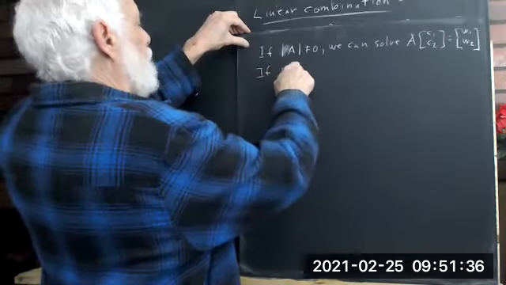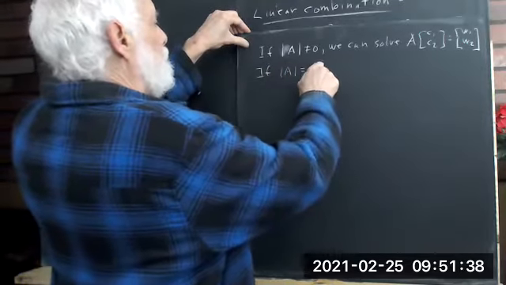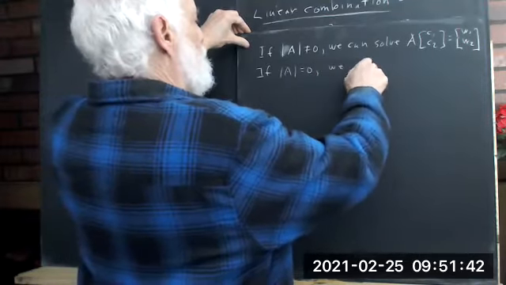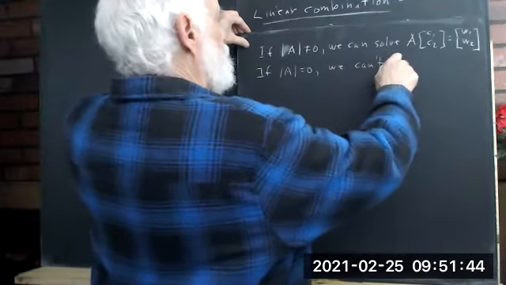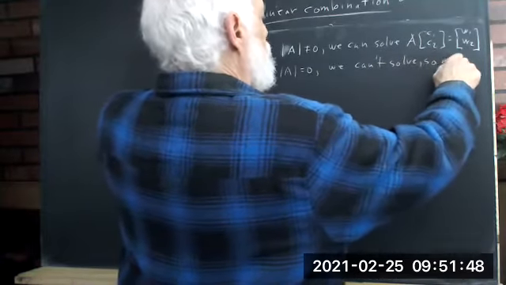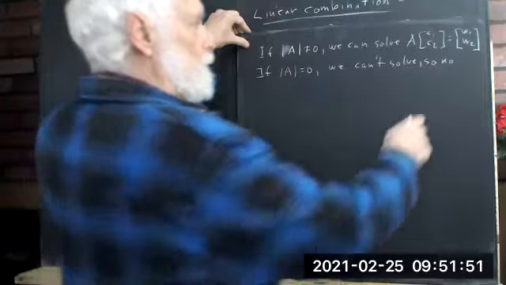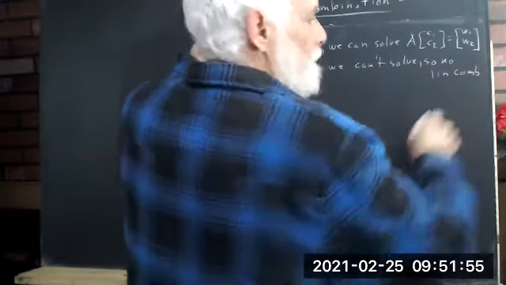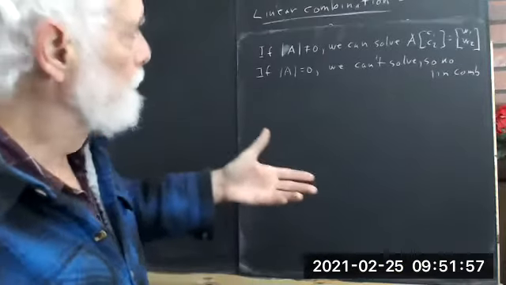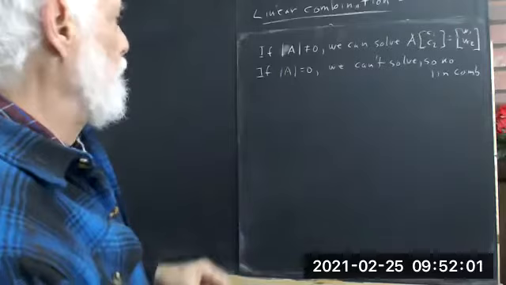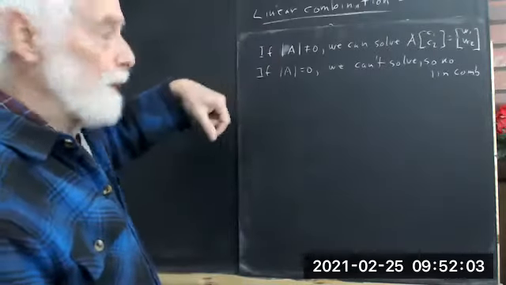If the determinant of A is 0, we can't solve, so there's no linear combination of the vectors that's equal. Now, remember that A is your matrix of column vectors.